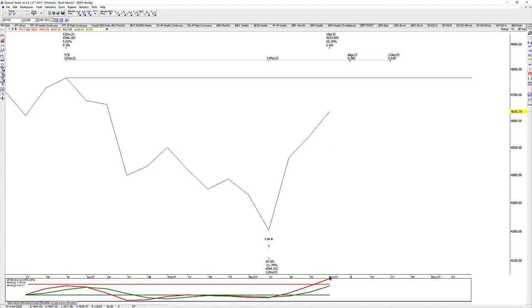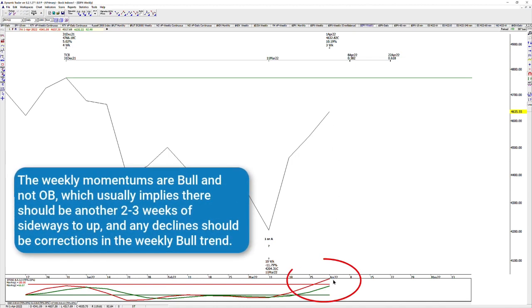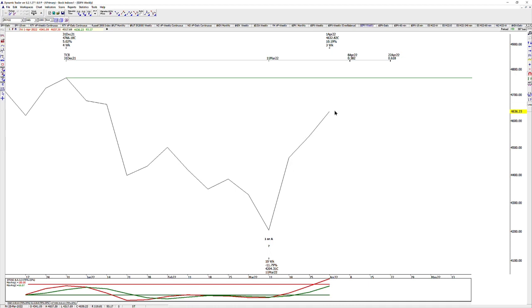As of the point in time when I'm recording this at least, the weekly momentums are bullish, they're not overbought, and they've just had a terrific advance off of the low of a couple of weeks ago. The daily momentums are bullish, they're not overbought. This is a potential wave one or a low.